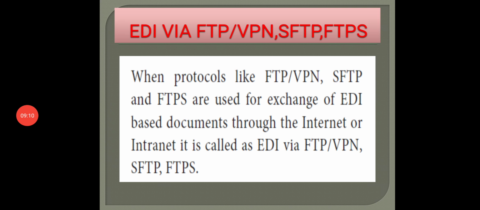Here VPN means virtual private network, that is a private network, and SFTP means secure file transfer protocol. All these are networks through which we can send the data in a very private and secure manner.